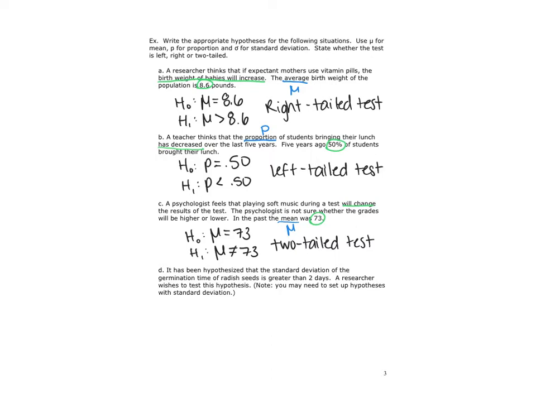It has been hypothesized that the standard deviation of the germination time of radish seeds is greater than 2 days. A researcher wishes to test this hypothesis. We're testing a claim on standard deviation, so our null and alternatives will be statements about sigma.